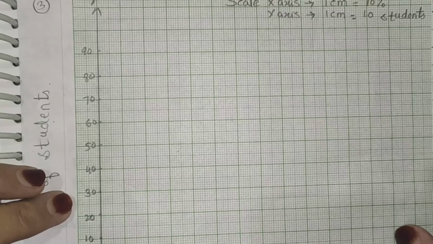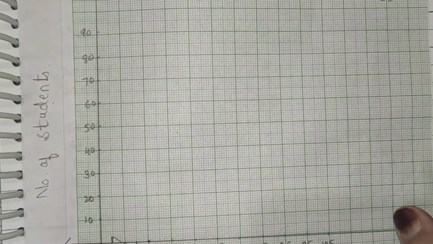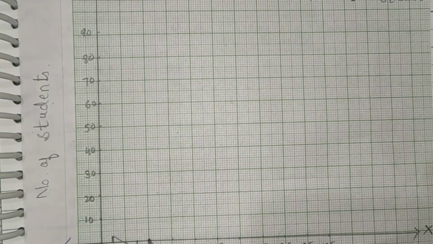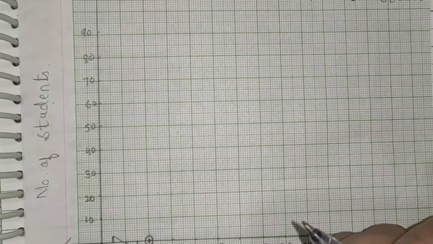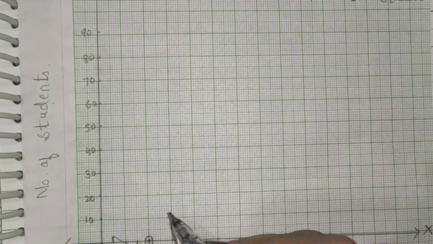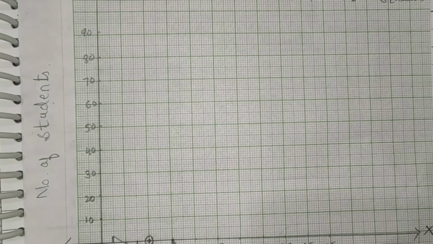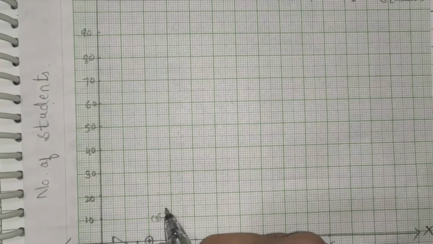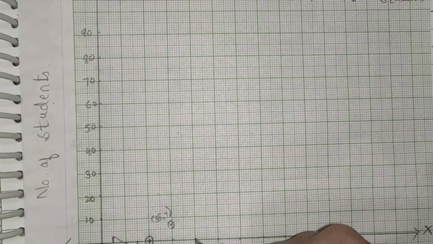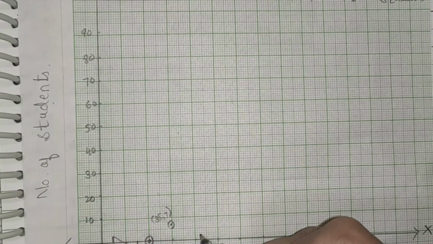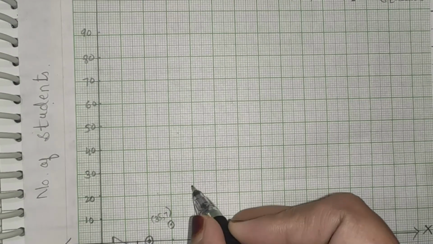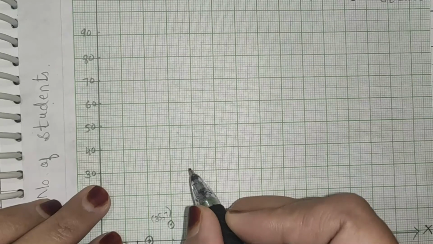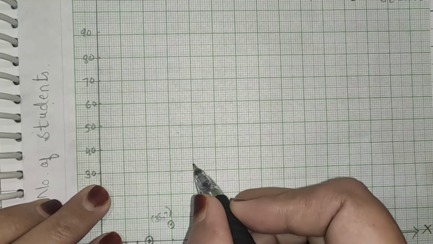Now plot the points here. First point is 25, 0. Now look at here, it is first point. Now the second one is 35, 7. Now here 35 and 7th line. Now next coordinate is 45, 33. Now look at here, it is 30, first, second, third line.